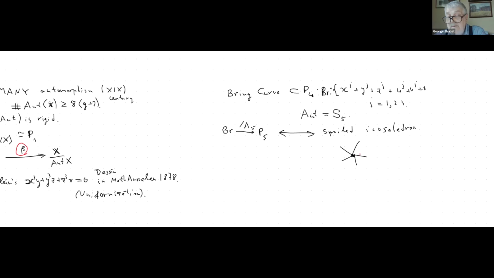But we spoil this cyclic order at every vertex, taking not the next one, but just skipping one. Here is the cyclic order that you apply to the graph of the icosahedron, and it turns out that you obtain precisely the Bring curve.